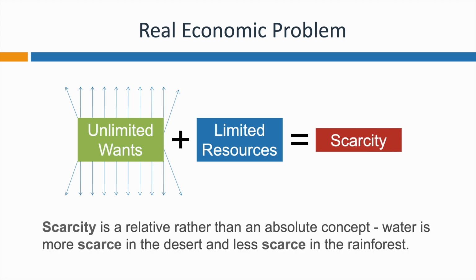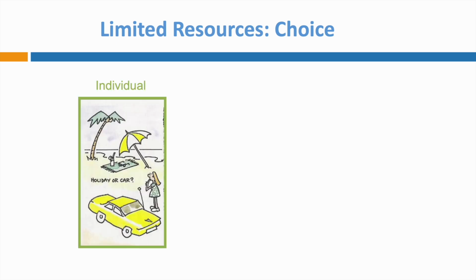Scarcity is actually a relative concept rather than an absolute concept, because, let's say, water is more scarce in the desert, but less scarce in the rainforest. Because factors of production are limited, we always have to make a choice. As an individual, we might choose whether to buy a car or go on a holiday.